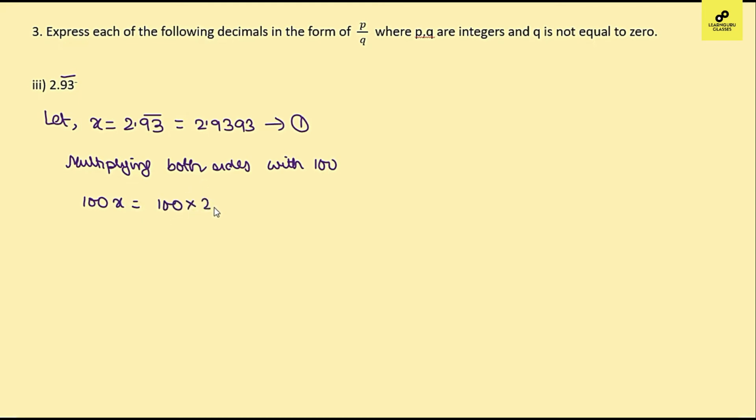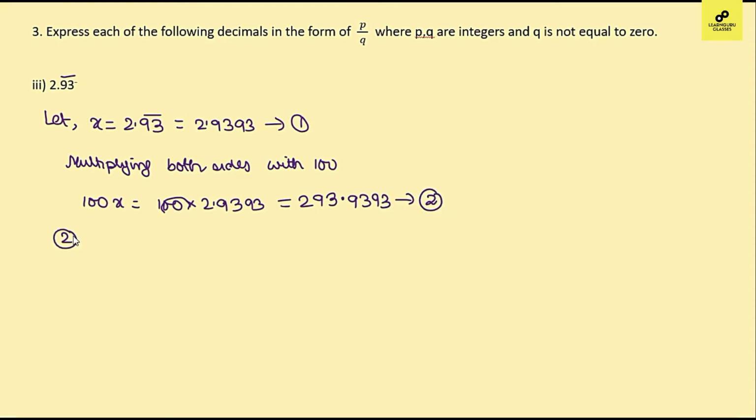So this comes out to be 100x, and here 100 into 2.9393. Since there are 2 zeros in 100, 93 will come before the decimal. So we get 293.9393, and this is equation 2.